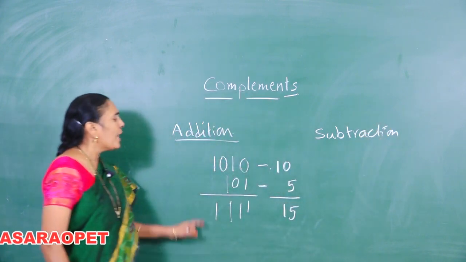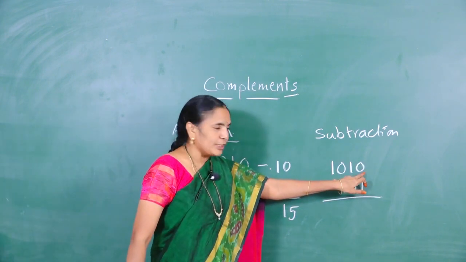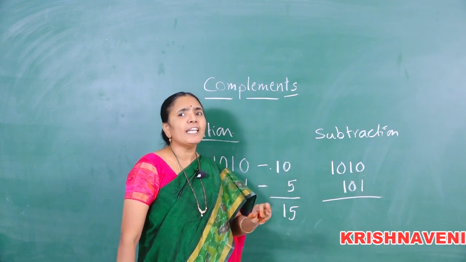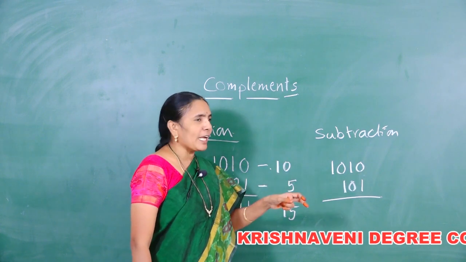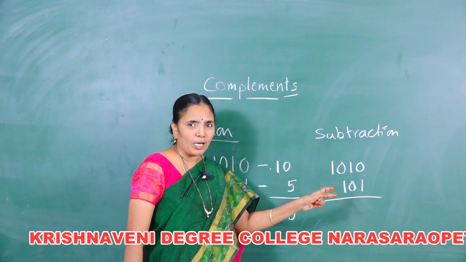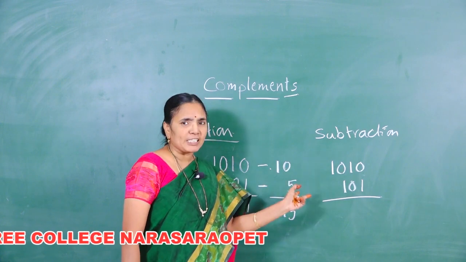For simplicity, let us take the same numbers. We have to subtract 1 from 0, which is not possible. As we have seen in decimal subtraction, when we have to subtract a larger number from a smaller number, we borrow a digit from the previous number.